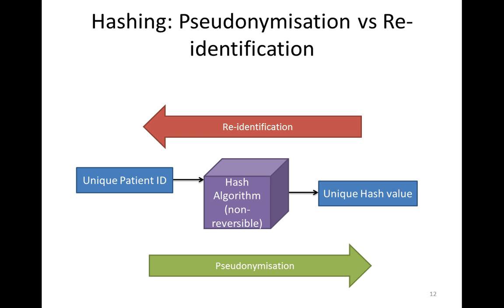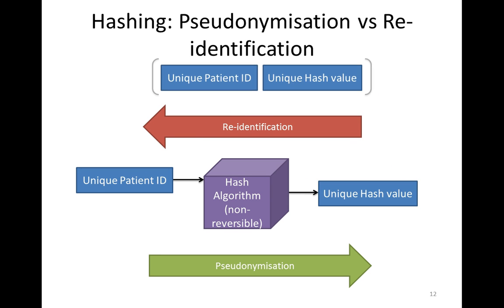But if this is a one-way transform, how do you go back? The idea is this. We build a table with a unique patient ID and a unique hash value as a couple, and store them in a lookup table somewhere. When we have the lookup table, it's easy to map it back. That lookup table has to be stored securely, in the care professional's computer for example, but it will never need to go out of the hospital.